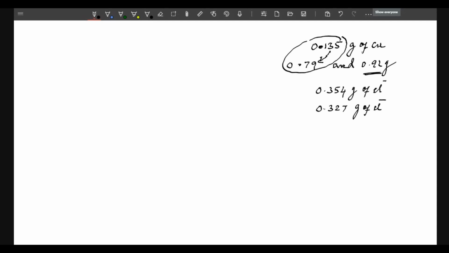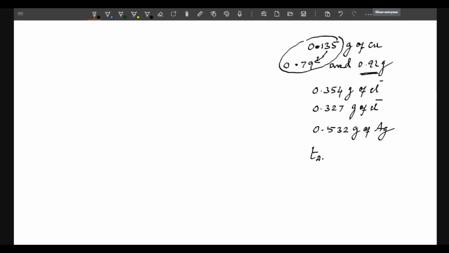A silver coulometer in series had a deposit of 0.532 gram of silver. Calculate the T of Ag plus, T of H plus.